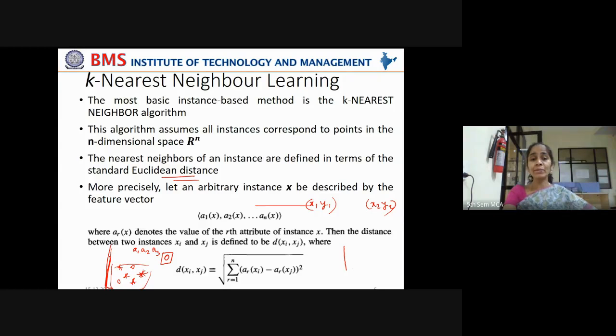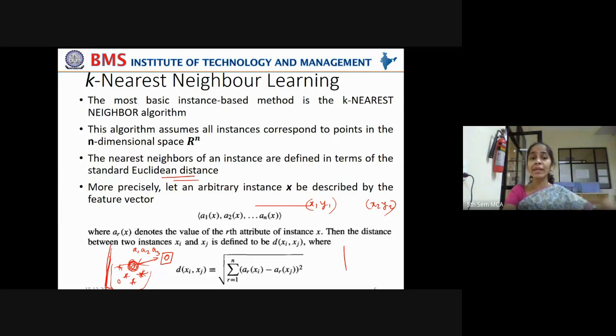Now the distance between attribute A1 of the new instance and attribute A1 of this existing instance is calculated. Again, the distance between attribute A2 of the new instance and attribute A2 of the existing instance will be calculated. In the same way, the distance between every attribute of the new instance and every attribute of the existing instance is calculated and summed up.